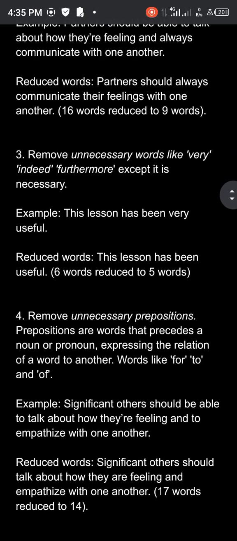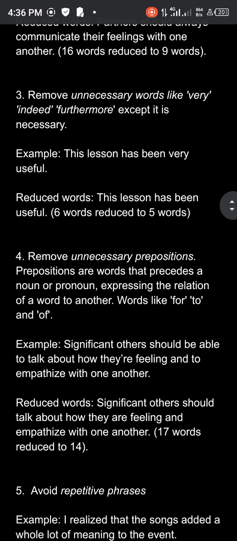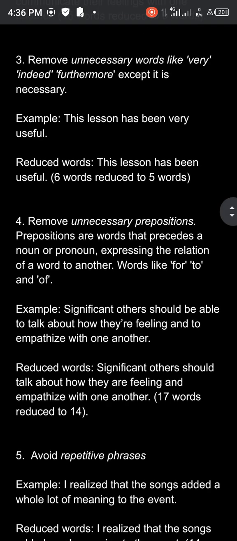We've seen the example of that one. Then the third one, remove unnecessary words like very, indeed, furthermore. Sometimes these words are not necessary. We can only leave it if it is very necessary. If you remove it and you see that your message is still intact, then you can make do without it.